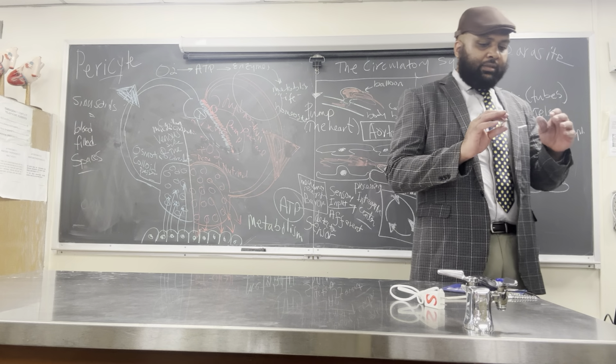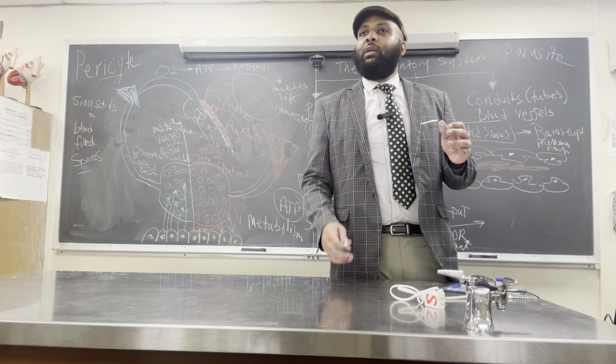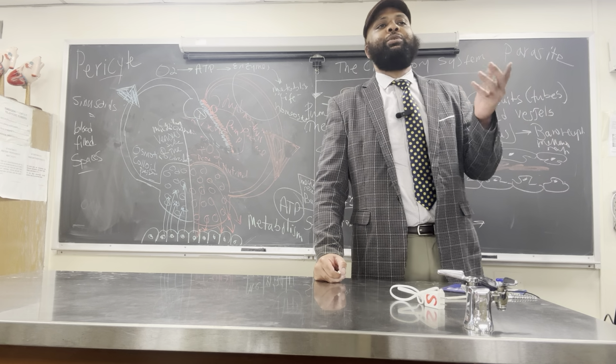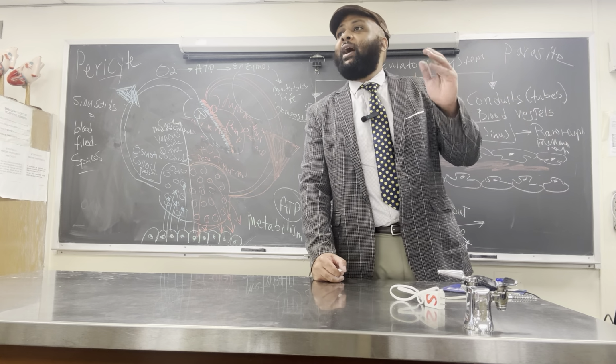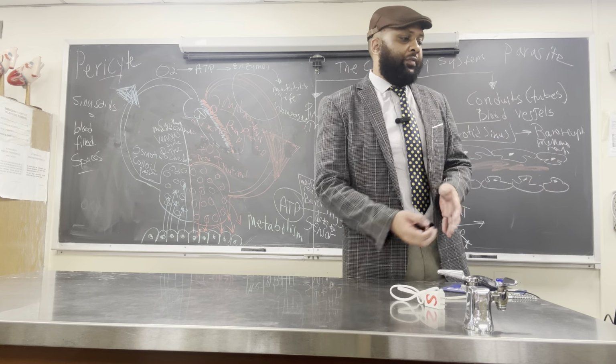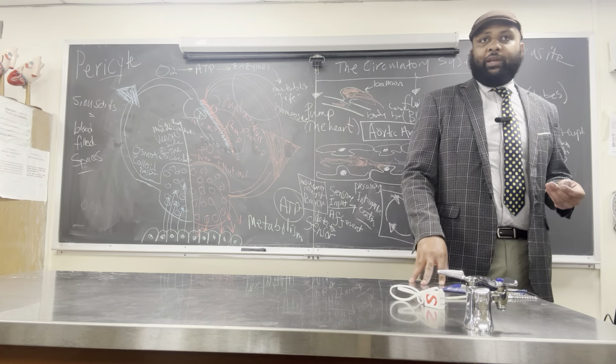These sinusoids are like blood vessels, but they're not blood vessels. They have the tissue of a blood vessel, but they are lining spaces known as sinusoids inside the liver and inside the spleen.